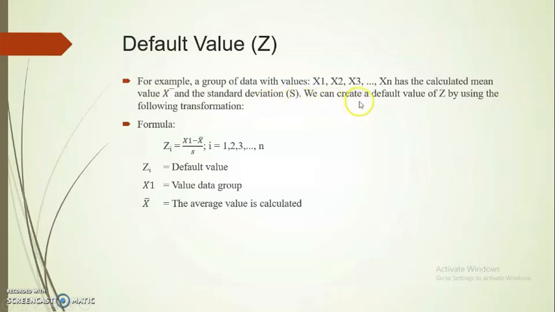We can create a standard value z by using the following transformation, with zi the standard value, xi the data value, and x bar the calculated average value.